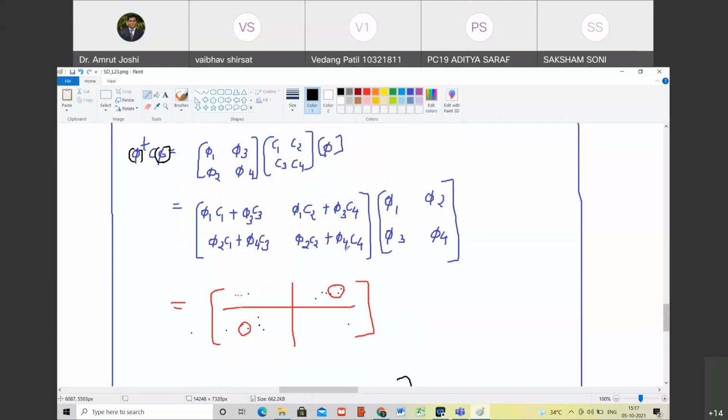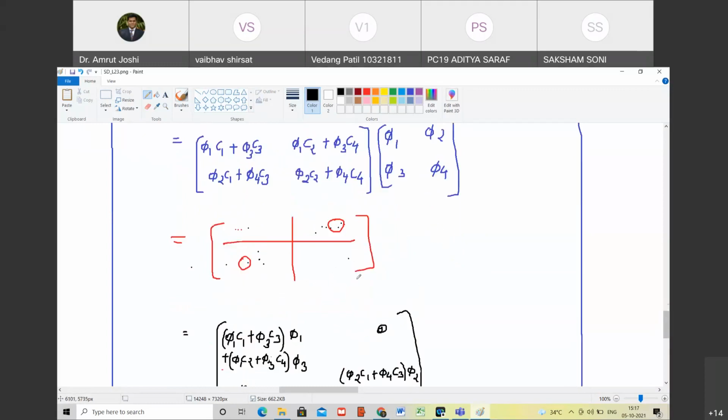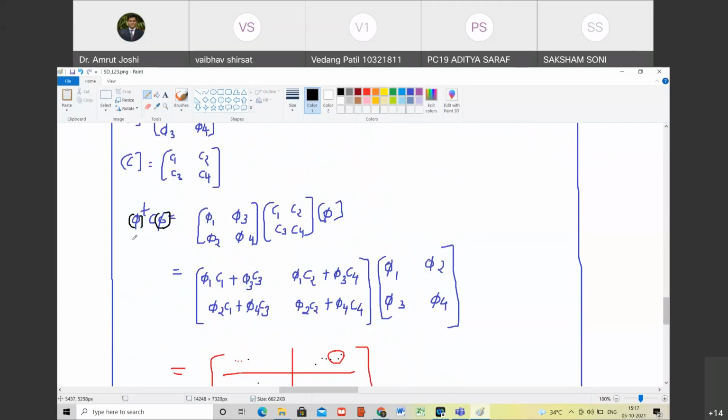Are you with me? Then it is phi 2 C2 plus phi 4 C4 multiplied by phi 4. ये हो गया हमारा diagonalized C matrix.